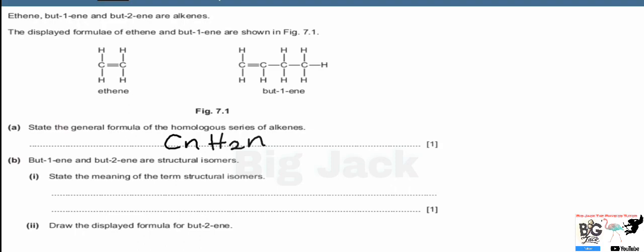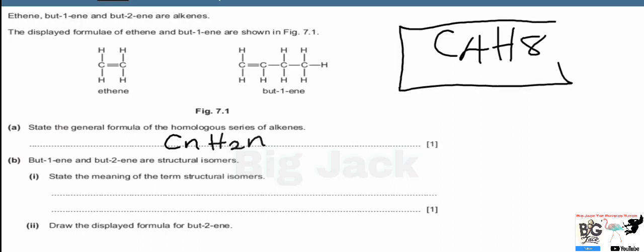Butene has the molecular formula of C4H8, meaning but-1-ene and but-2-ene have the same molecular formula, C4H8, but the structures are different.